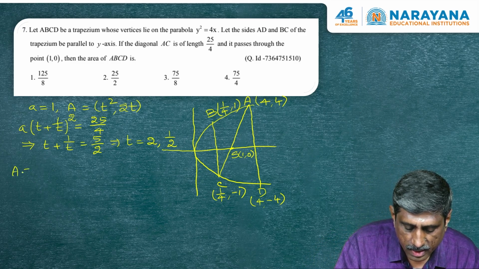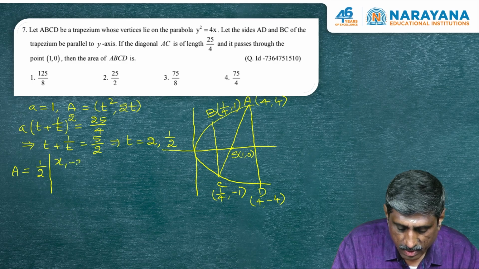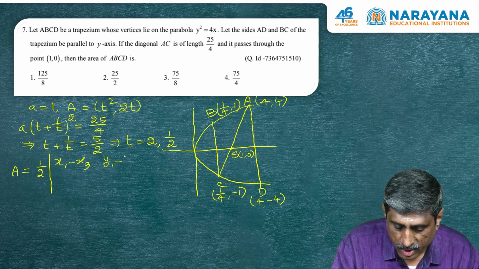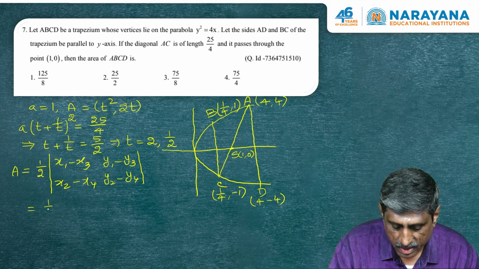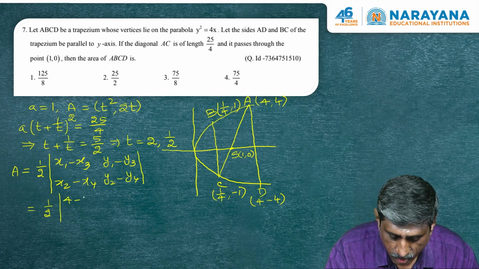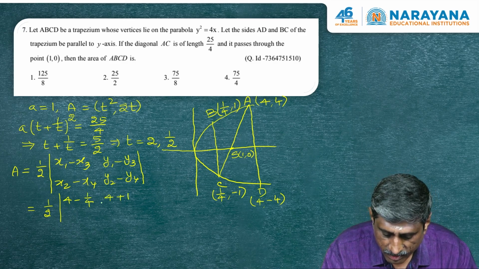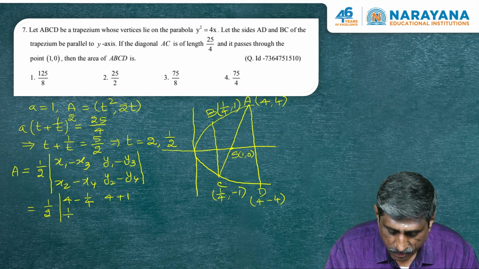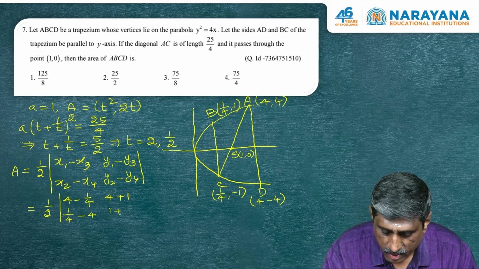Directly, the area is half into the determinant of x1 minus x3, y1 minus y3, x2 minus x4, y2 minus y4, the area of any quadrilateral in coordinate geometry. That is half into the determinant of x1 minus x3, 4 minus 1/4, y1 minus y3, 4 plus 1, x2 minus x4, 1/4 minus 4, and y2 minus y4, 1 plus 4.